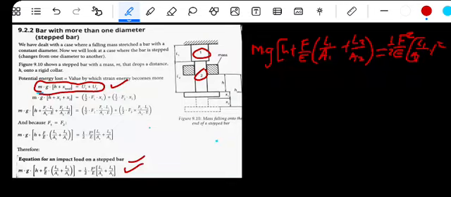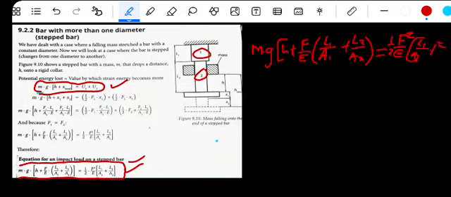That is the important formula that you're supposed to know.